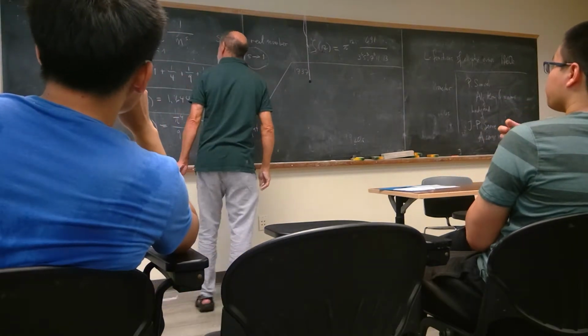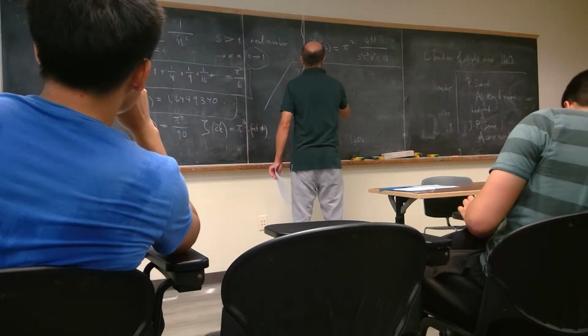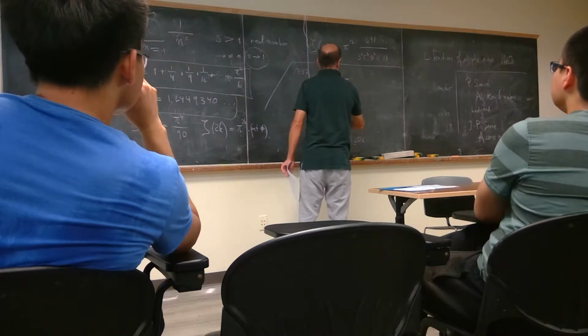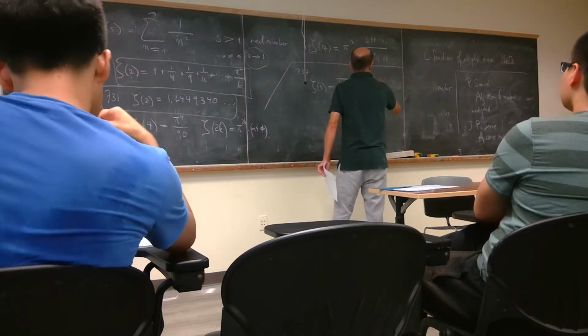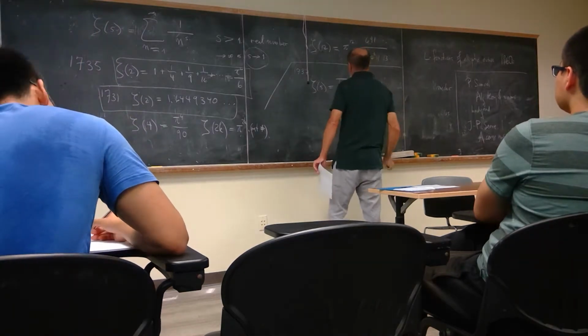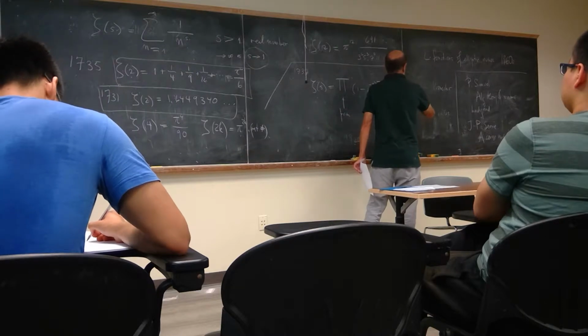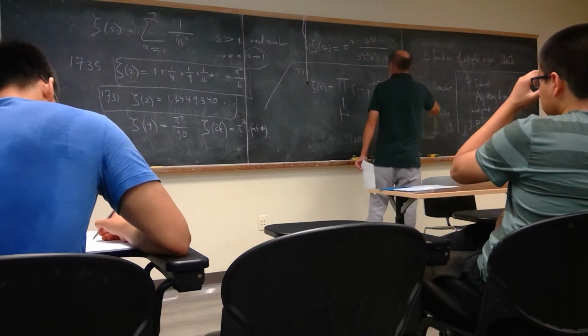He noted that this infinite sum could be represented by an infinite product: the product over all the prime numbers of (1 minus p to the minus s) inverse. So this is an infinite product. You have to prove it converges. He proved it converges again when s is a real number greater than 1.